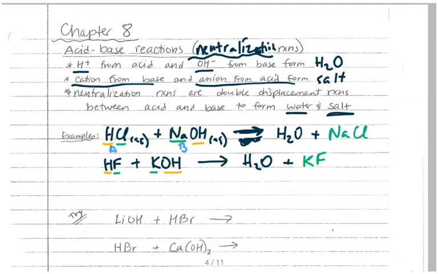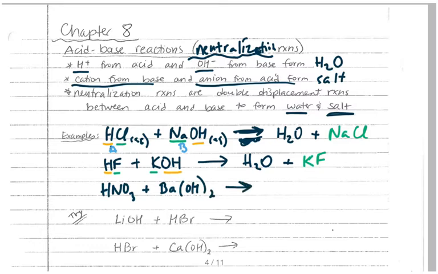So I got cut off trying to finish this example of neutralization reactions, so we'll backtrack a little bit. We were going to work this problem out here, where we have nitric acid, HNO3, and barium hydroxide.